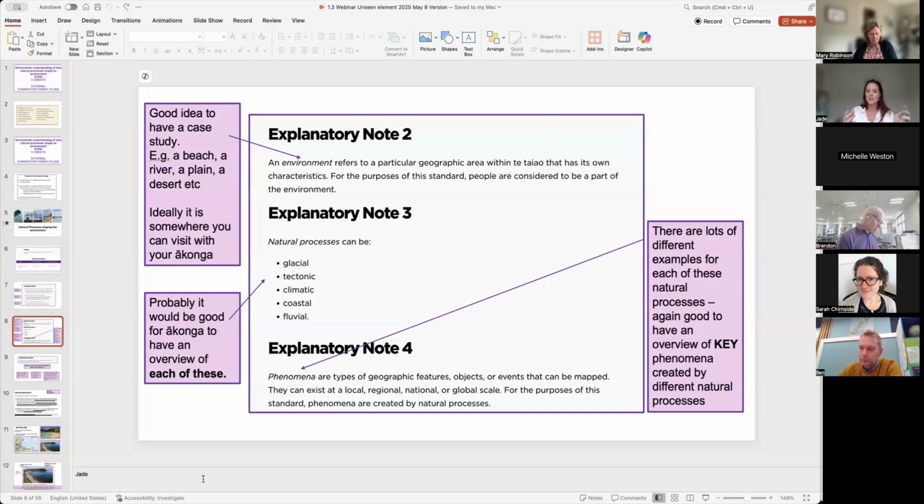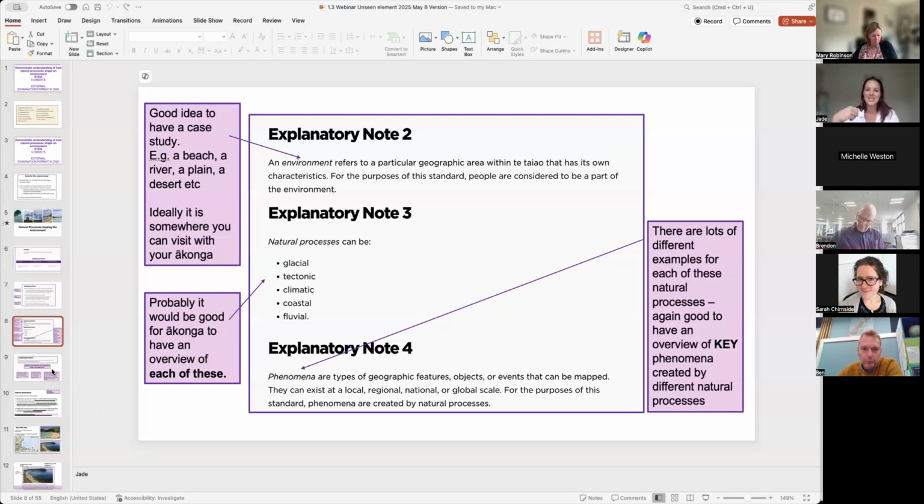So explanatory note 4 talks about phenomena being geographic features or objects or events that can be mapped, and sometimes we might call these landforms. So anything that's created by a natural process, and again, there's lots and lots of them. If we think about the 5 natural processes, glacial, tectonic, climatic, coastal, and fluvial, there's quite a number of phenomena.